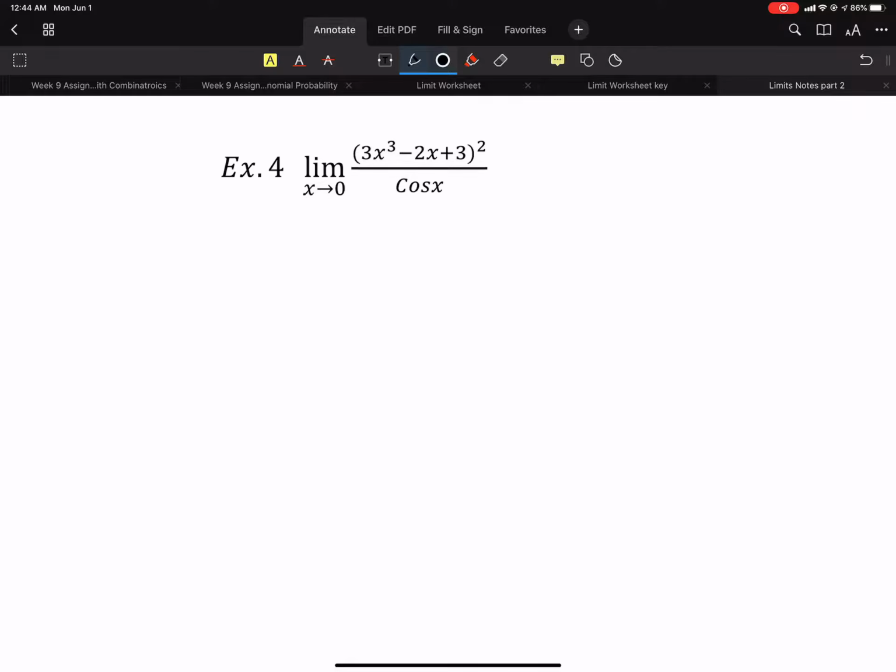And here's a quotient rule one. So go ahead and pause and try this on your own. So you would take the limit of the top separately from the bottom.